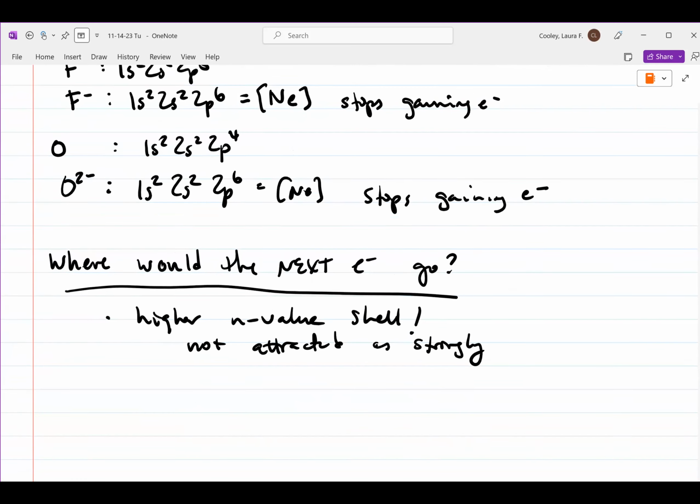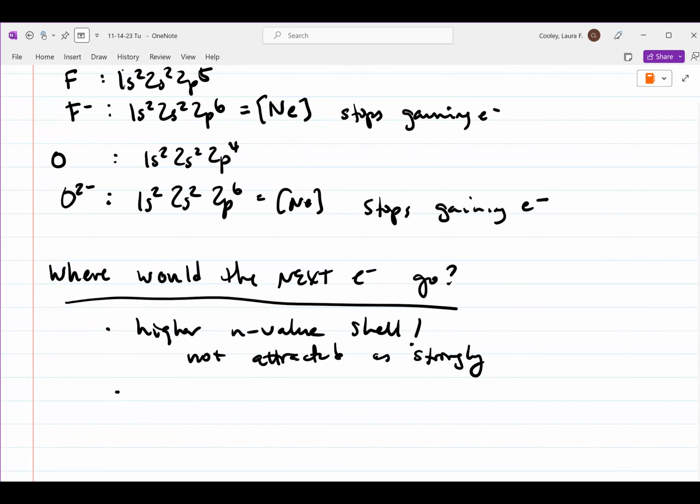And also, remember, once you have that rare gas configuration, that atom has already gained 1 or 2 or even 3 electrons. And so you would be adding an electron to an anion. But negative charges repel.